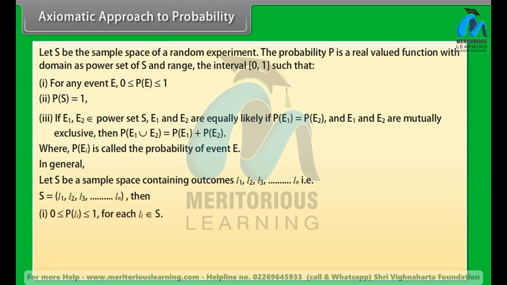Then 1. 0 less than or equal to P(Li) less than or equal to 1 for each Li belongs to S. 2. Summation from i is equal to 1 to n of P(Li) is equal to 1. 3. If L1 and L2 are equally likely, then P(L1) is equal to P(L2).